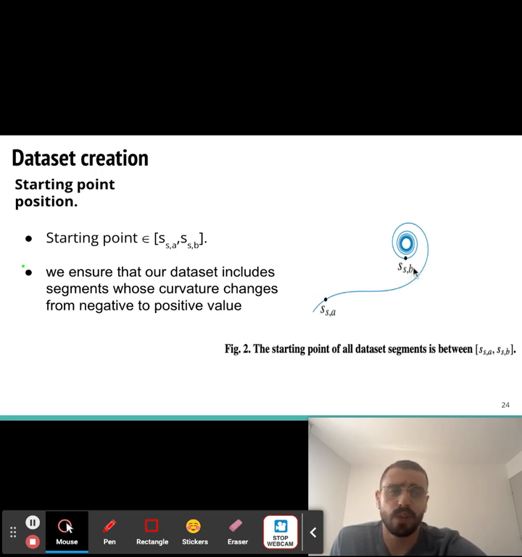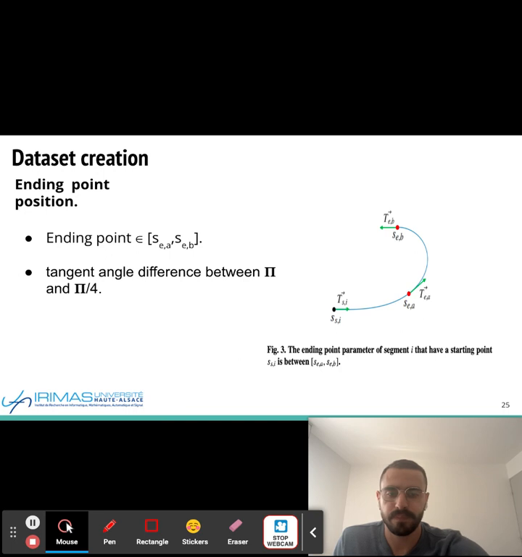By doing so, we ensure that our dataset includes segments whose curvature changes from negative to positive value. And also, we selected SSB as the upper parameter limit, since beyond this point, the curve exhibits a repeating pattern and is getting similar to a circular shape.